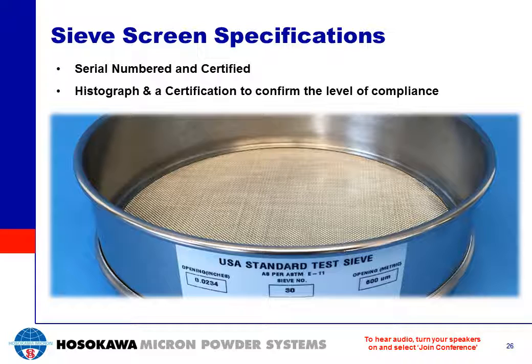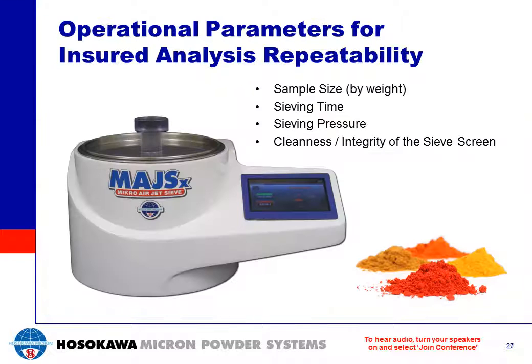The test sieve screens should be cleaned once a week and recertified when necessary. To review, the sample size, sieving time, sieving pressure, and again, most importantly, the integrity of the test sieve screen are the 4 operational parameters to give you the most accurate, repeatable, reliable particle size analysis.